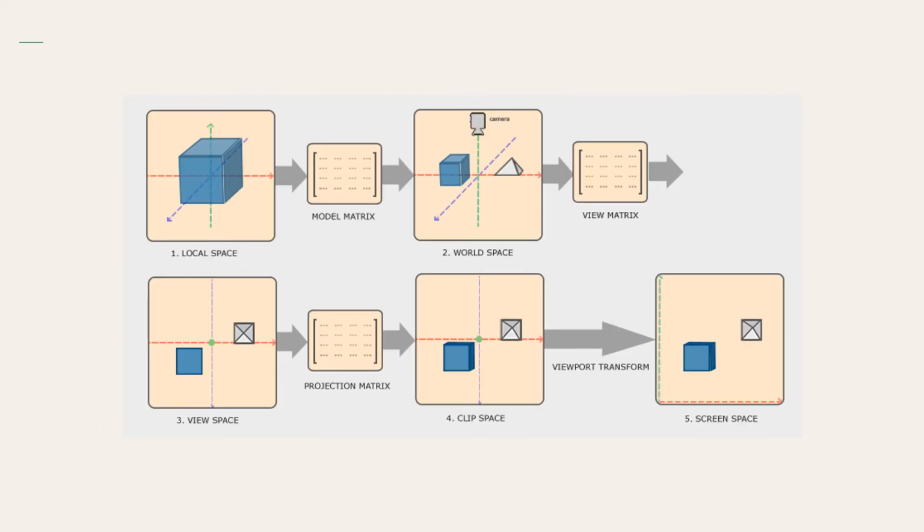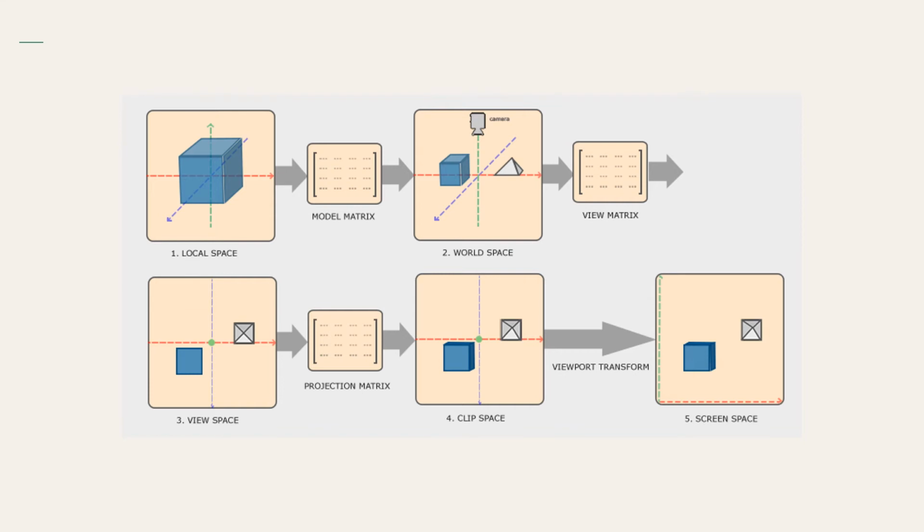I've mentioned a few times taking a vertex from local space and converting it into clip space or screen space. Whenever I say that, I usually mean we're doing a few matrix multiplications, in this case the model view projection matrix. That's what Unity wraps into the UnityObjectToClipPos function. First, you take a local space mesh position, which is usually how an artist authors a mesh.